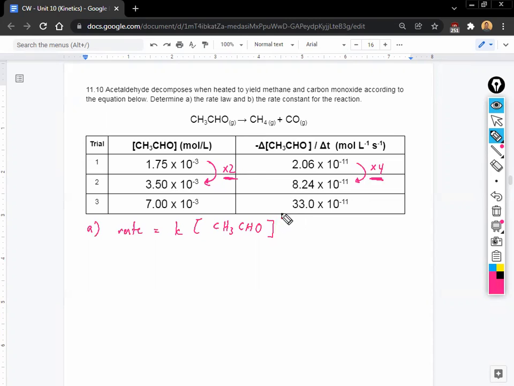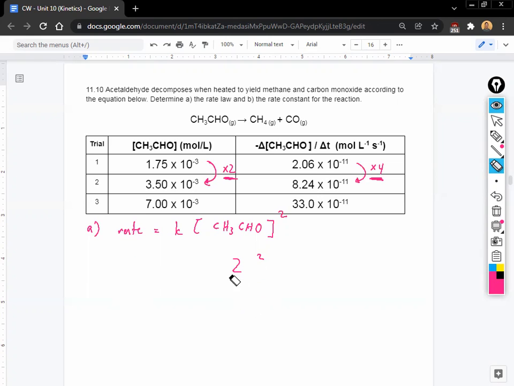And so what will be the exponent right here? Yeah, 2. Okay. Because if I have 2 here, and I double it, that will get me to 4 and 16. So we'll quadruple the rate if I double the concentration. Okay. All right. Any questions on the exponent for the rate law? Okay, hopefully not too bad.